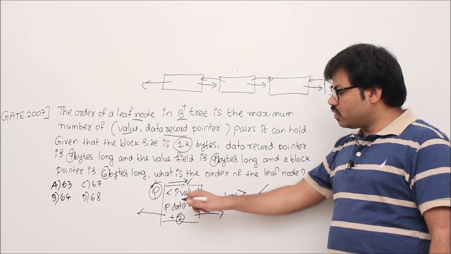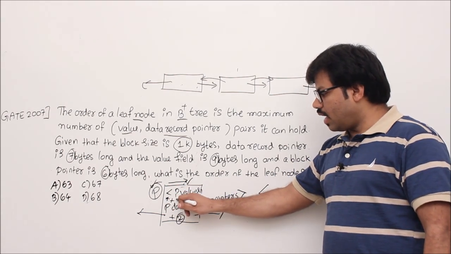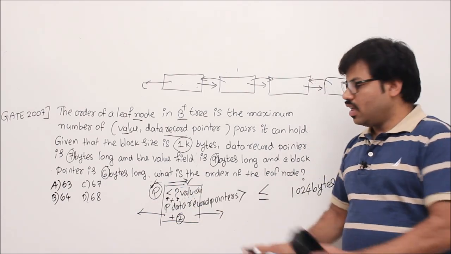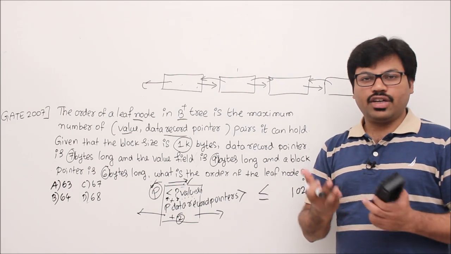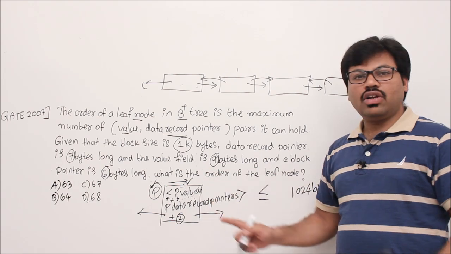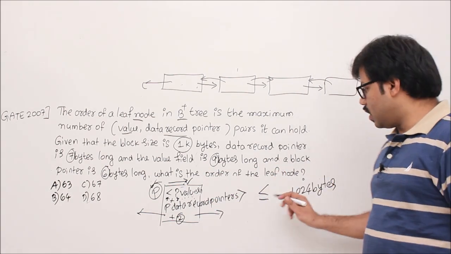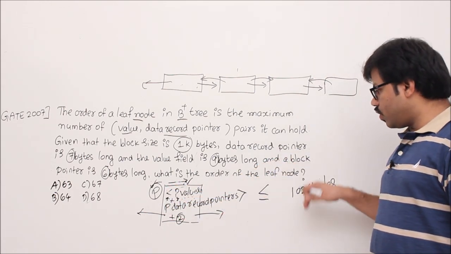So definitely when you search, there is a high chance that you access all these keys. That's why all that logical information should be in one block so that we can reduce the number of block transfers. Remember, a logical node in a B tree will exactly go into one block. That's why this capacity should not exceed 1024 bytes.